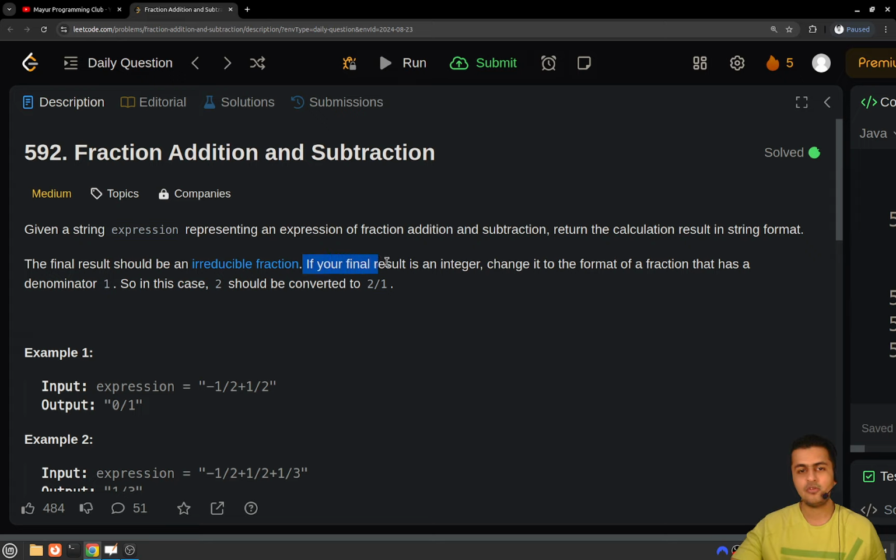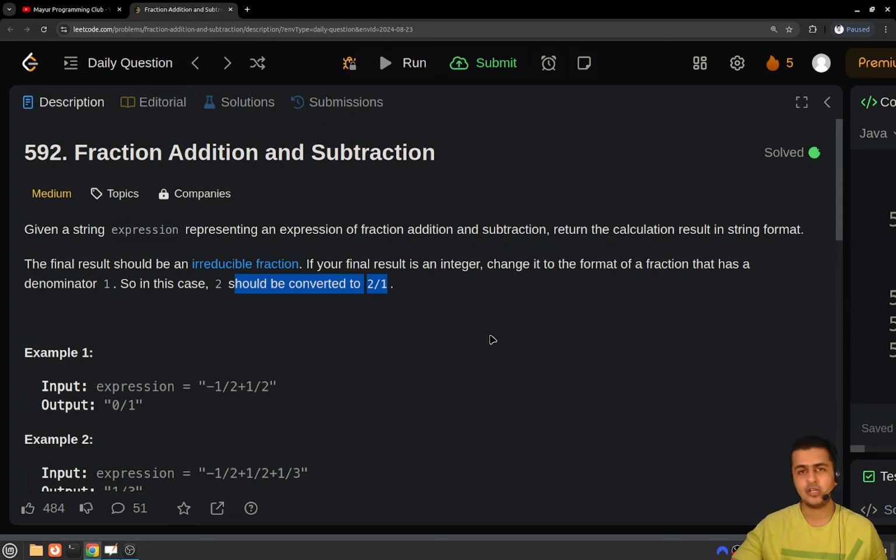And if your final result is an integer, then you can change its format by using 1 as your denominator. So for example, let's say the result was 2, which is an integer, not a fraction, so you convert it into a fraction by using 1 as your denominator. So this is what you have to do.